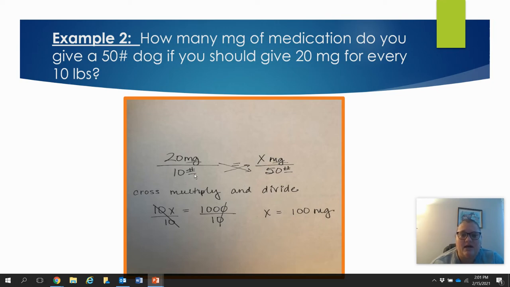So I have 10X equals 1,000. We need to get X by itself, so we divide by 10 here. If we do it on this side, we have to do it on this side. Just cross out these zeros, and that leaves us with 100 milligrams.